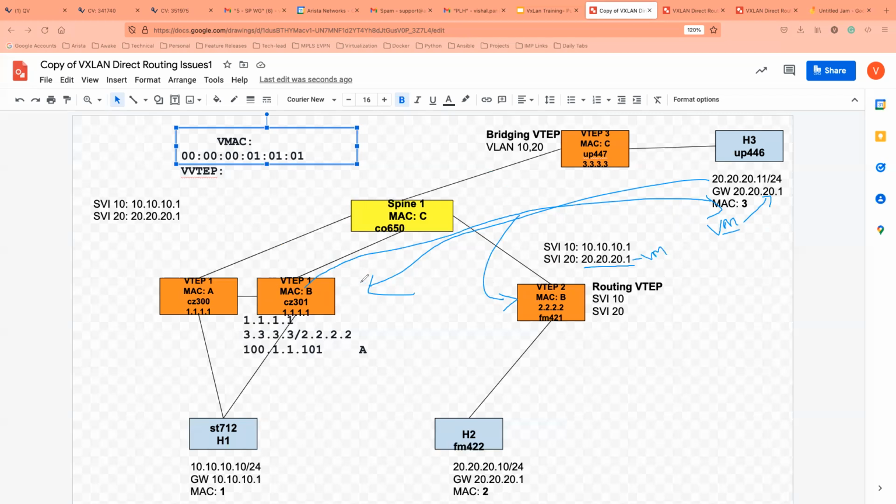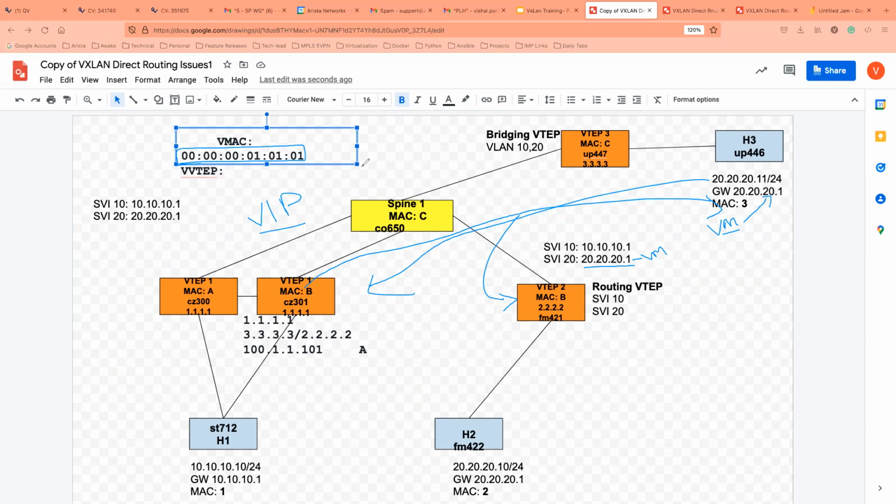So the point is, whenever you have a VIP, virtual IP address, or Anycast IP address, you should have a virtual MAC configured. Does that make sense? Okay. Any question on this? Is this clear?